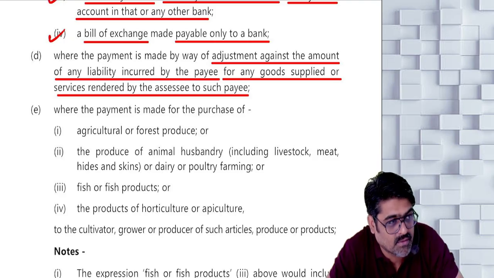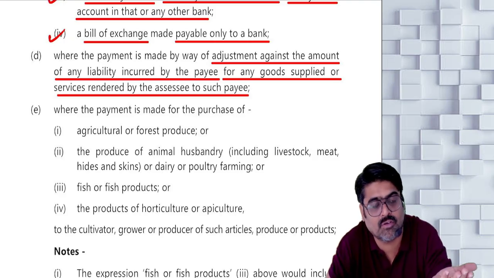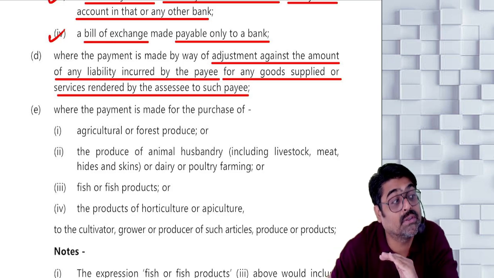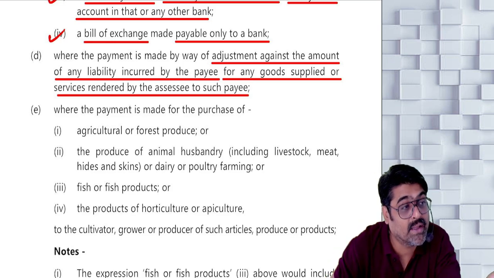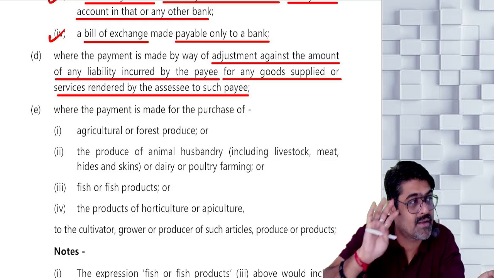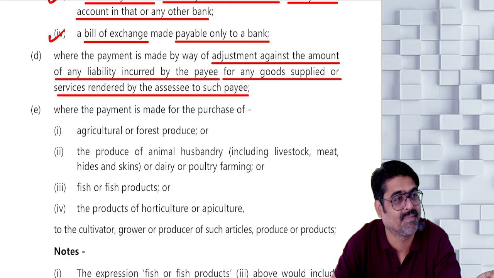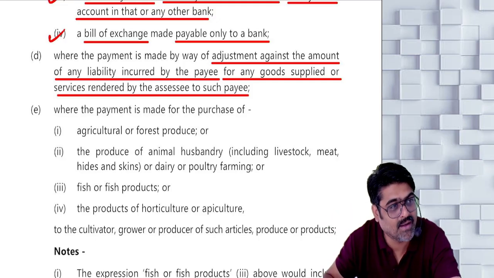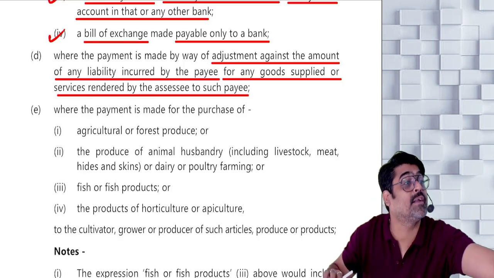So as a debtor, I'm supposed to receive how much from you? 1,20,000. And I'm supposed to pay you how much? 1 lakh. To make that payment, I'm doing an adjustment from this debtor. So I will reduce my debtor by 1 lakh, meaning your 1 lakh payment is done.